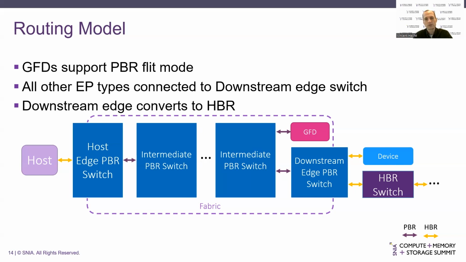It also supports the connection of HBR switches. So there can be full non-PBR, non-fabric capable switches hanging off one of these edge ports. The implication there is that during binding time, the entire HBR switch is assigned to a single host. But that still offers a lot of flexibility.